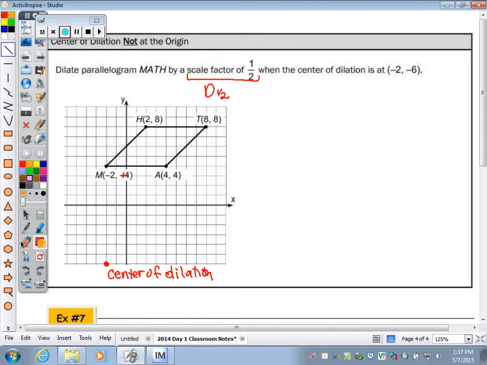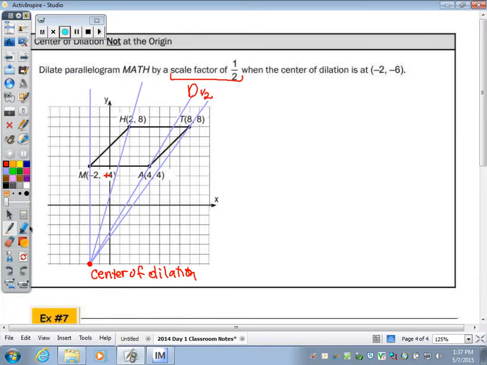So we're going to start by drawing all of the lines from the center of dilation through each point in our parallelogram, because we'll know that our images all need to lie on those lines. So I'm going to look at this vertical distance from the center of dilation to M. And what's this distance?